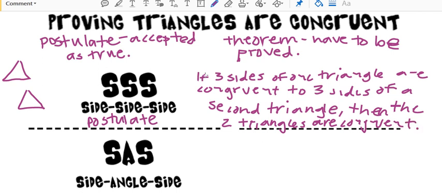Again, that says if three sides of one triangle are congruent to three sides of a second triangle, then the two triangles are congruent. So side, side, side would look like this.